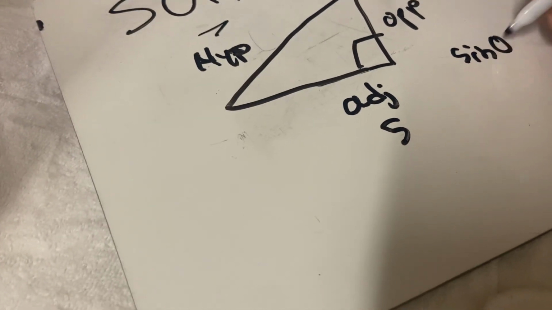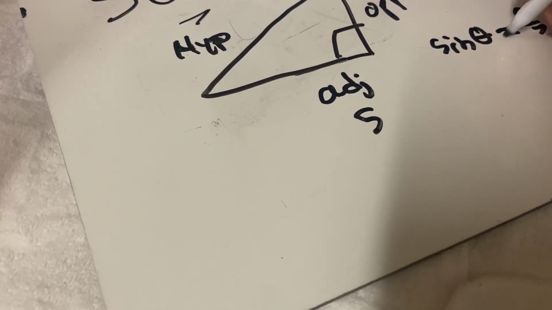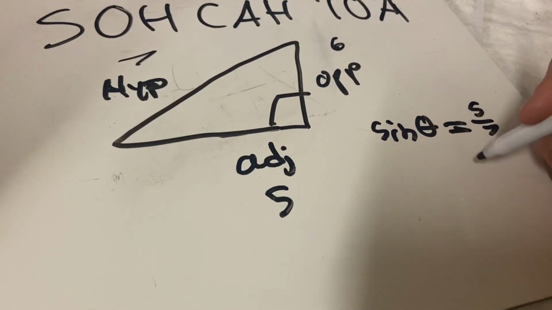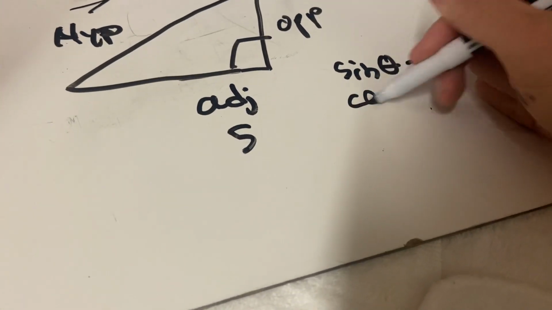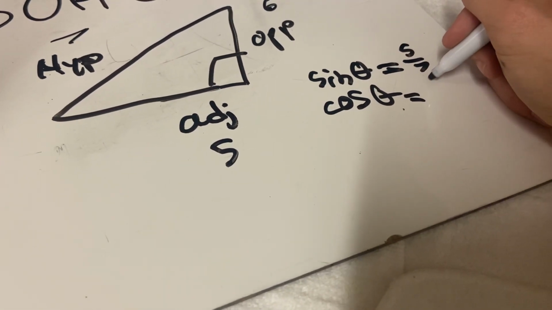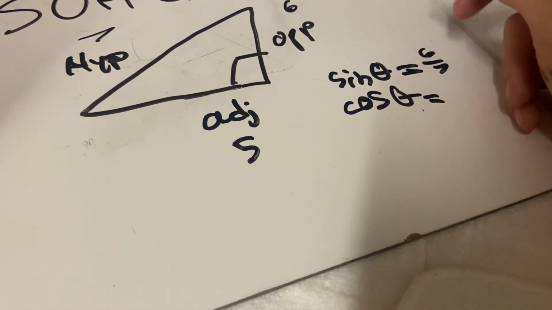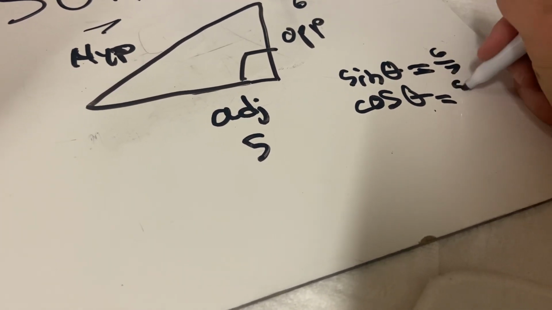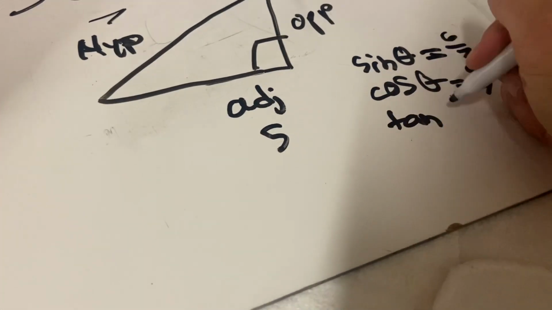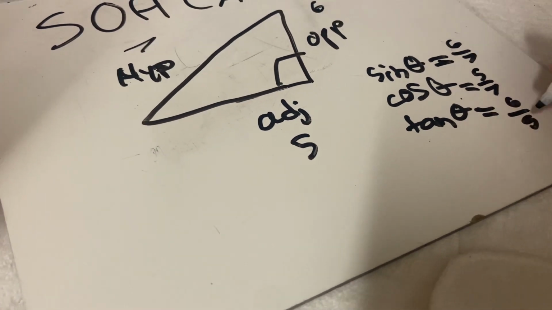Sine of theta would be 6 over 7. Cosine of theta would be 5 over 7. And then tan of theta would be 6 over 5, okay?